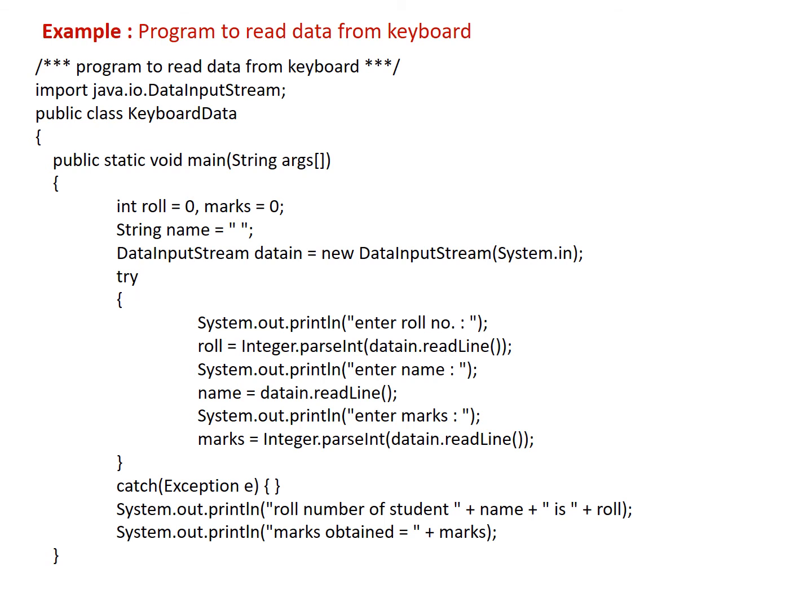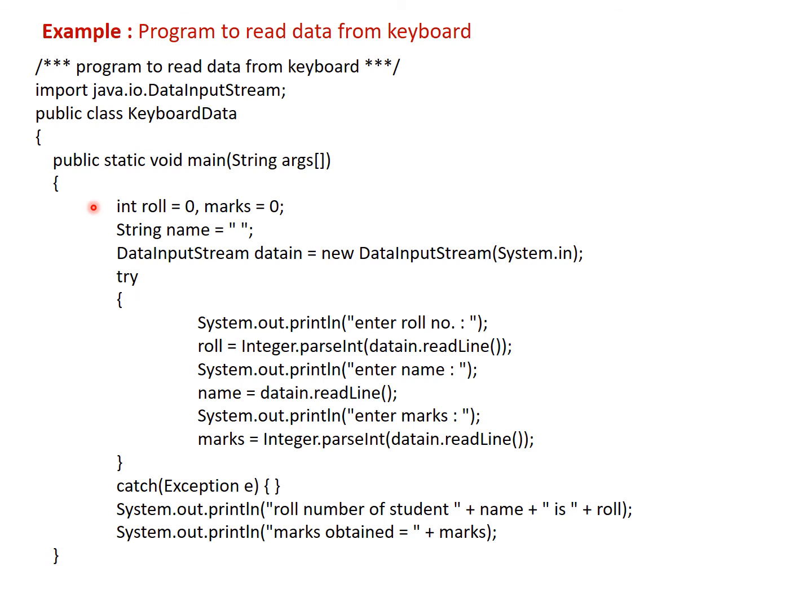Here is the program to read data from keyboard. First, we import the class, that is java.io.DataInputStream. Then we define the class called KeyboardData. After this, in the main method, we declare one integer variable roll and another one marks.